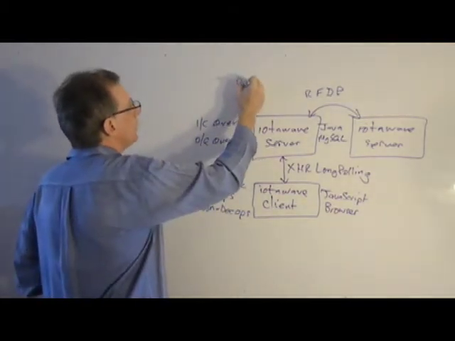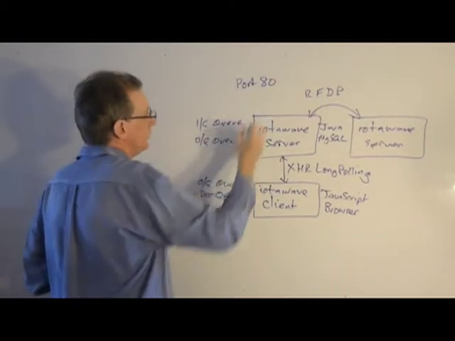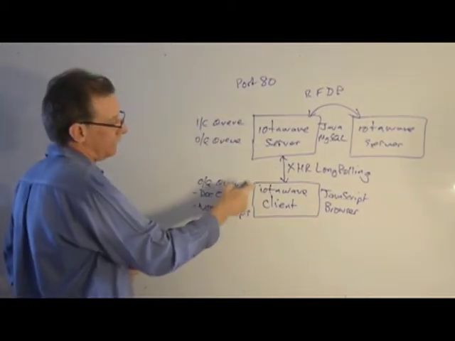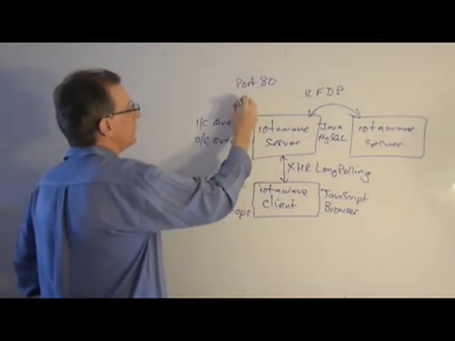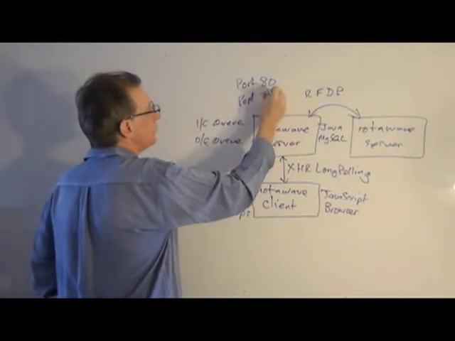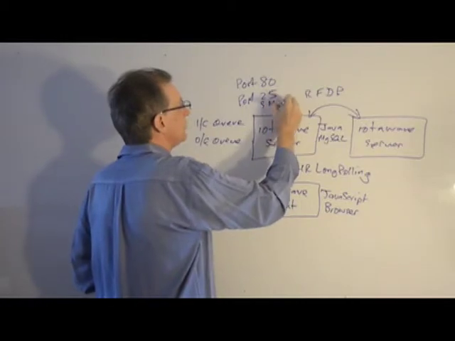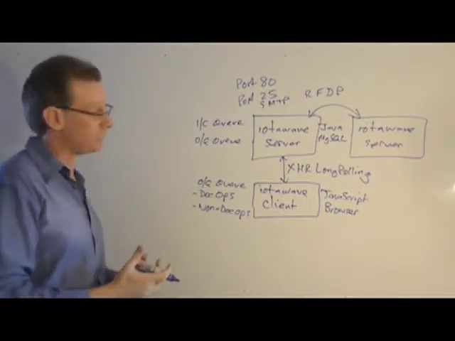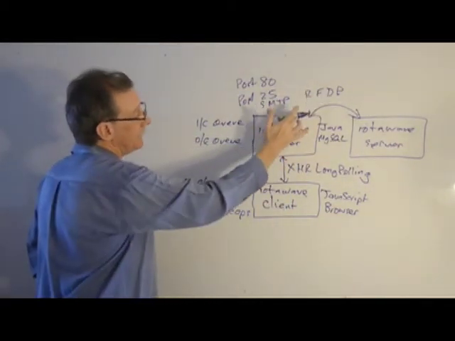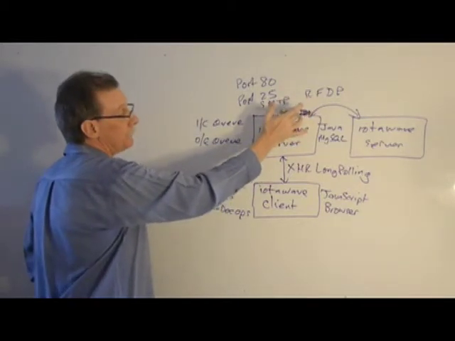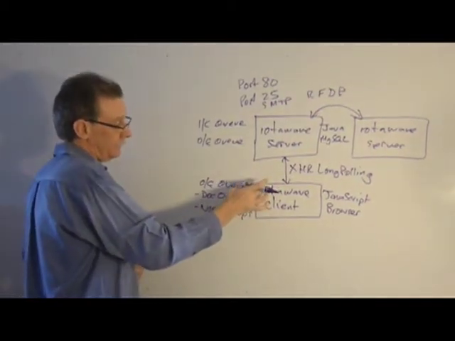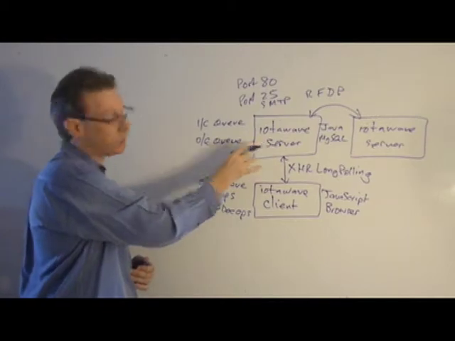We listen on port 80 for requests that come in from the client to the server, and we listen on port 25, the standard SMTP port, for incoming RFDP messages. Port 25 for RFDP incoming messages, port 80 for the client to the server.